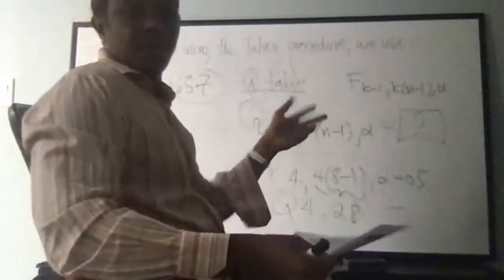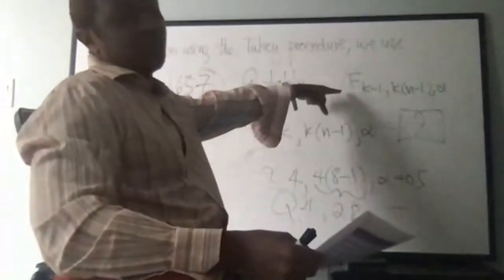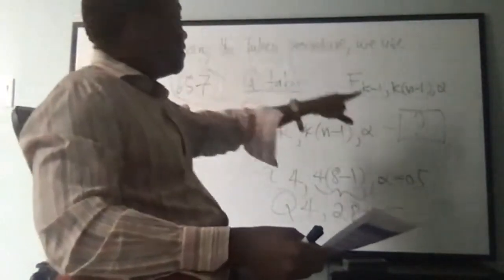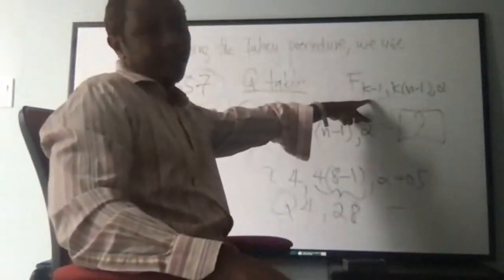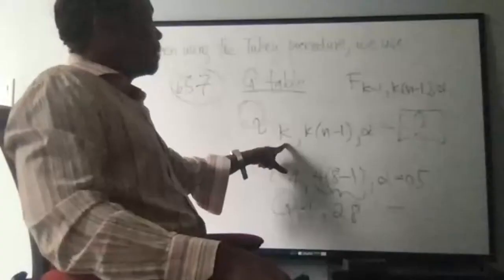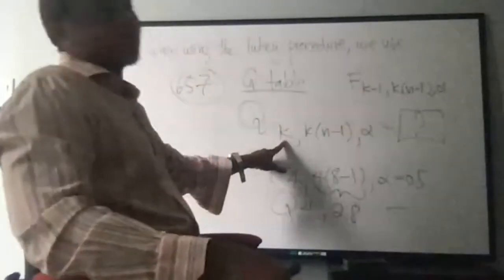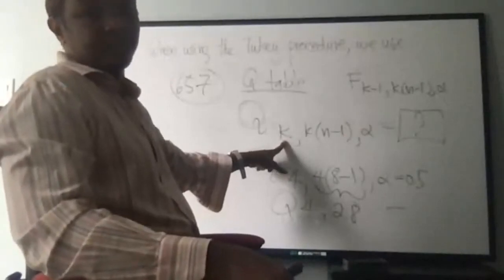Well, remember, it's 2 separate tables. This F table I'm only using when I'm doing ANOVA, right? And then that would be K minus 1, where in this case it would end up being 3. But here I'm not using K minus 1. I'm using actual K when I get to the Q table.